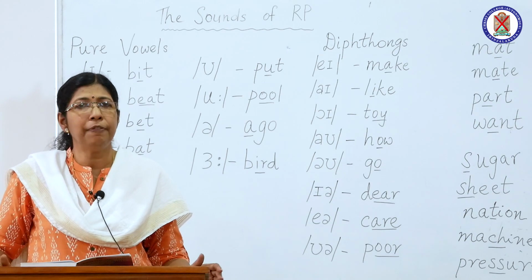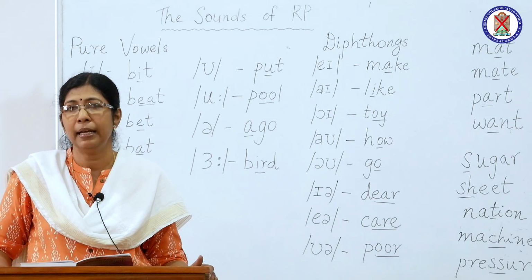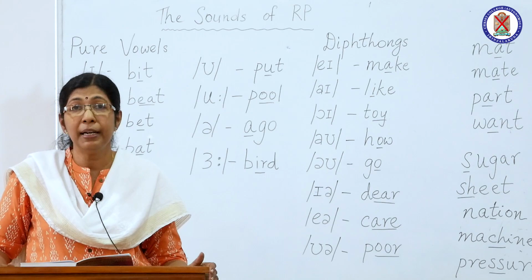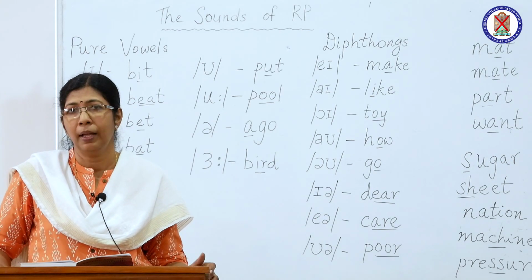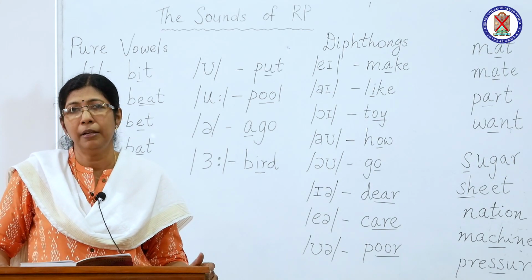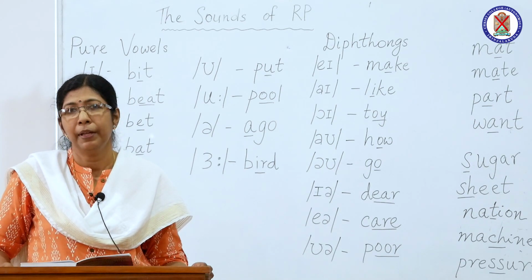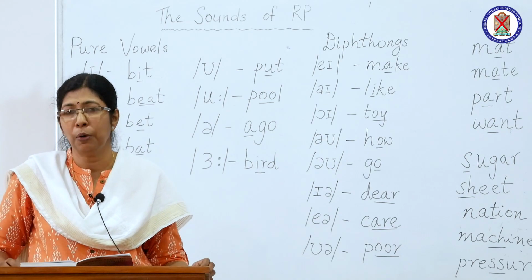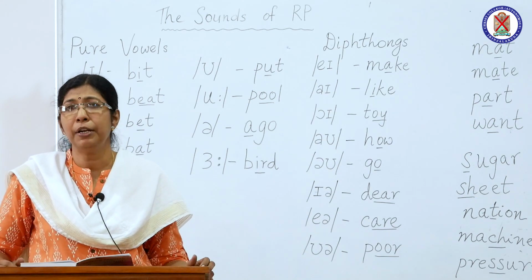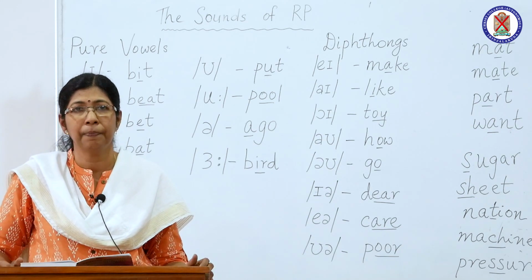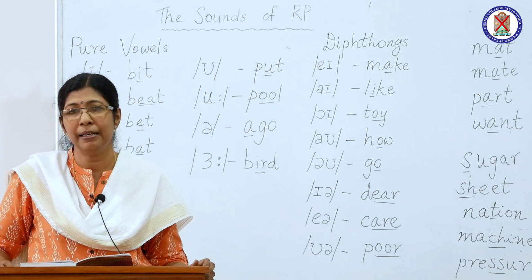There are plenty of other varieties too, like Australian English, Canadian English, we even have Indian English. But it is necessary to have a common standard which everybody can follow. Especially when we try to teach or learn English, we have to follow a standard.